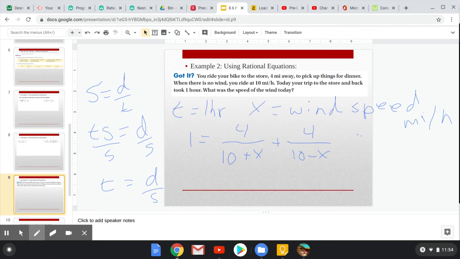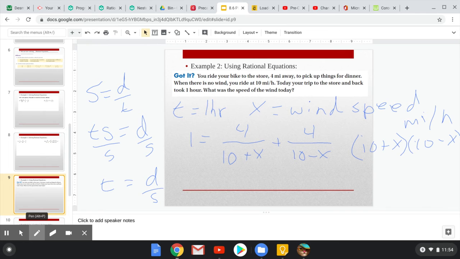So our common denominator is going to be 10 plus x times 10 minus x, and we have to multiply the whole equation by that.